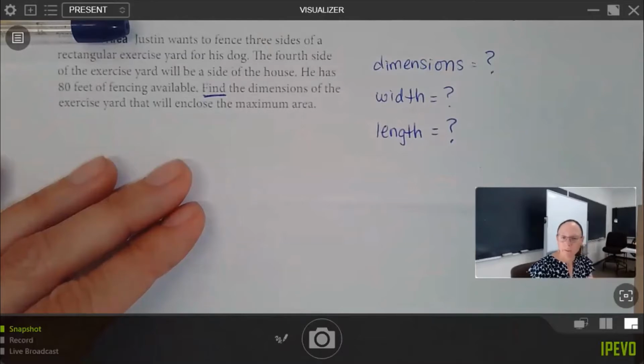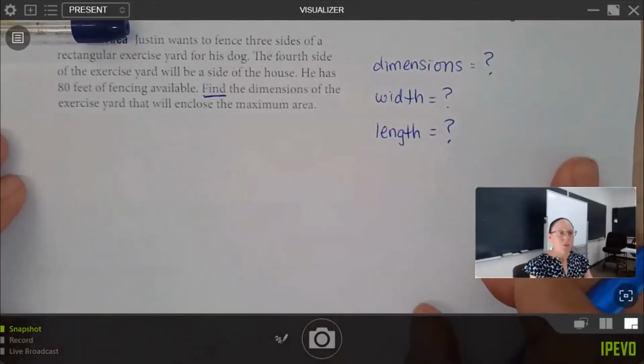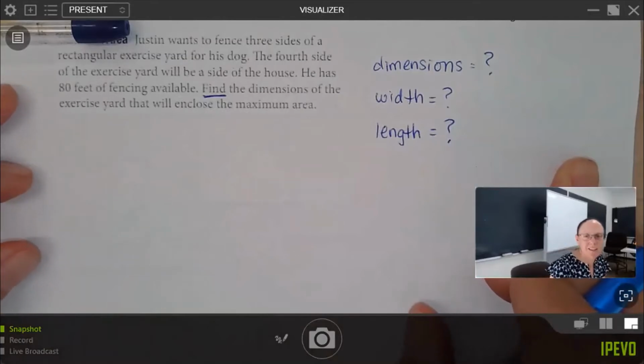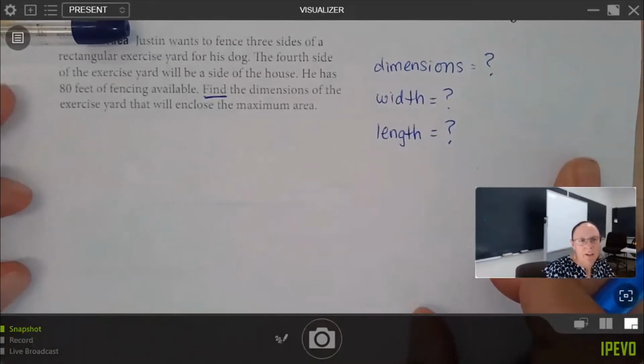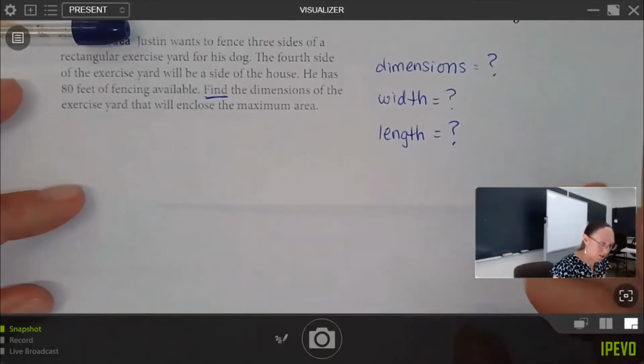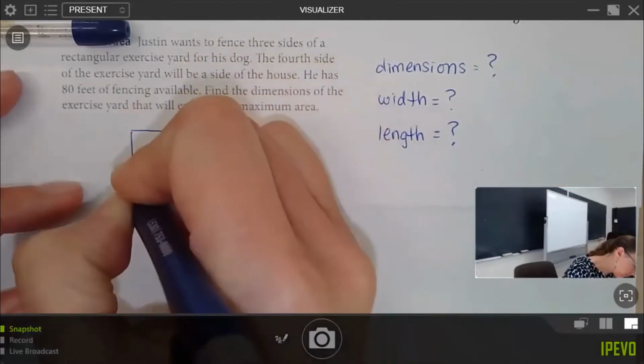Now I'm looking for more information in the problem. Personally, I'm probably drawing a picture. You might be able to do this without a picture. I like pictures. So I'm going to start just trying to get a grasp on what we've got going on. We're going to fence 3 sides of a rectangular exercise yard. So here's my rectangle.